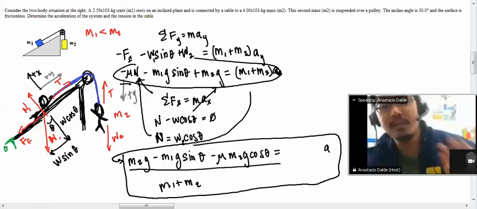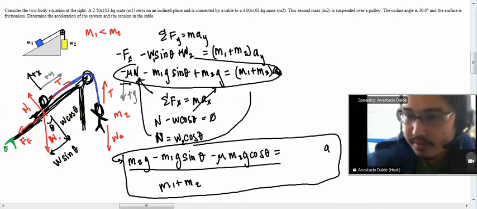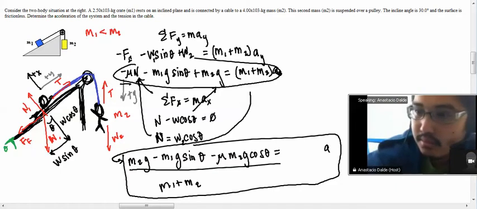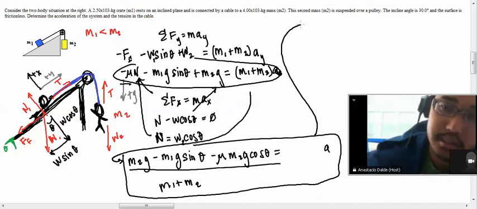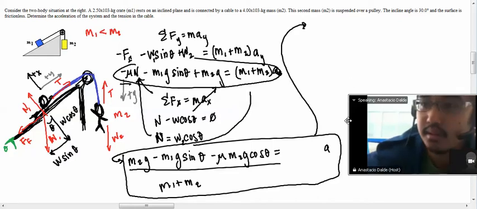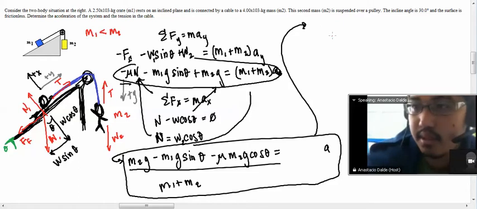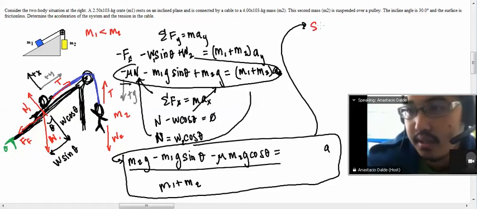Now, what is the physics telling us? Well, here's what the physics is telling us. What if theta were 90? What if theta is 90 degrees? If theta equals 90 degrees, I'll tell you what, the sine of 90 is equal to 1.